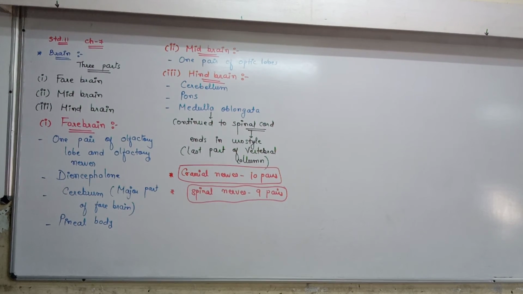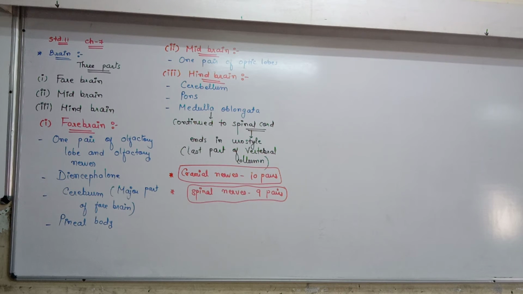Prominent endocrine glands found in the frog are pituitary, thyroid, parathyroid, thymus, pineal body, and pancreatic islets. Previously I told you, pancreatic islets consist of two cells, alpha cells and beta cells.